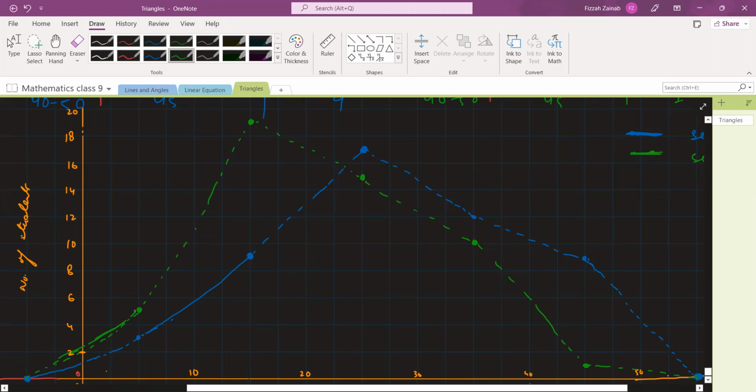Now, there's a question here. It is given: from the two polygons, compare the performance of the two sections. So by looking at it, what can you say about the performance of section A and section B? Which section performed better? Zainab, what do you say?